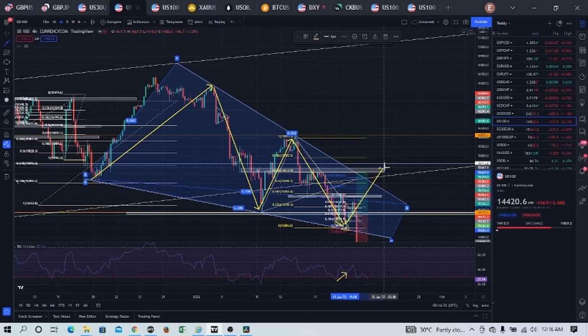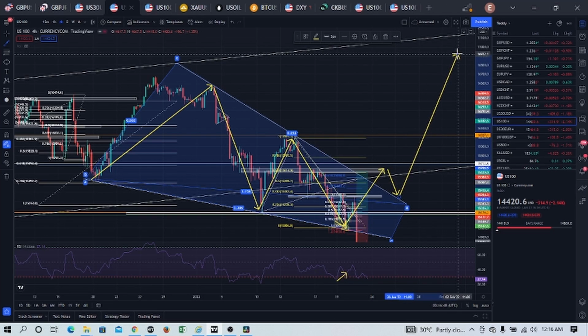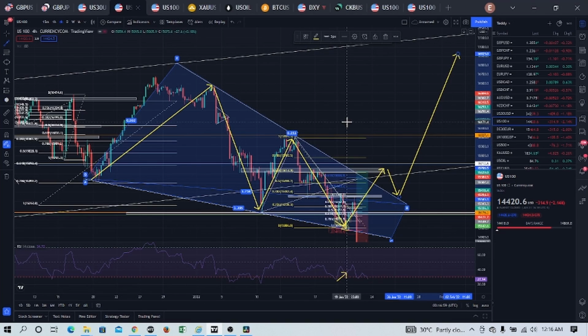Sometimes it breaks and retests. Then we have our final move upwards. This is what a falling wedge looks like. So guys, this is confluence number 5. Like everything is just in place. This is why I was really confident in this trade.